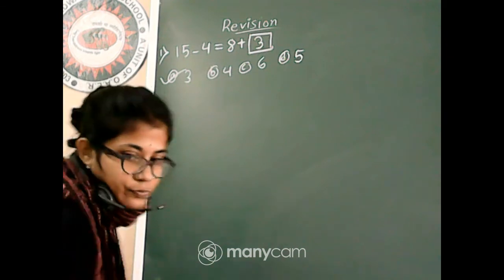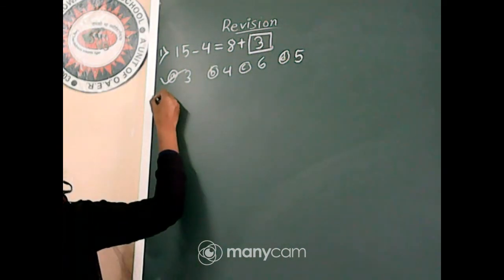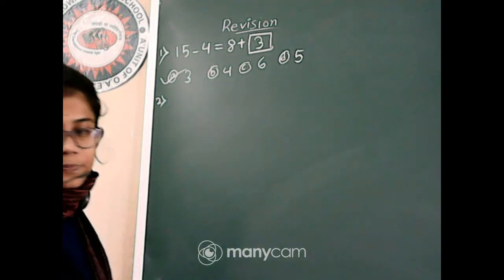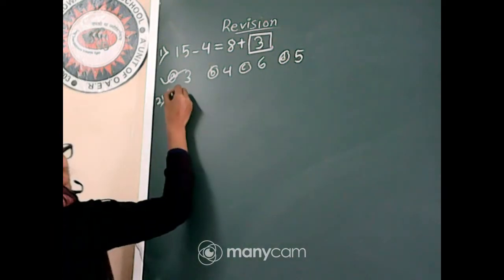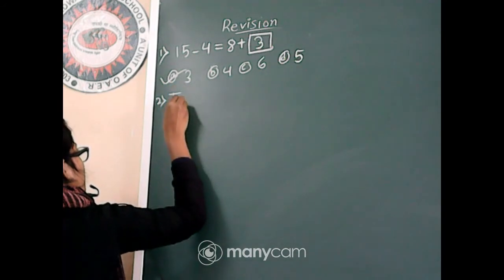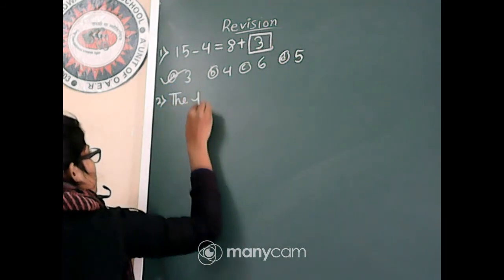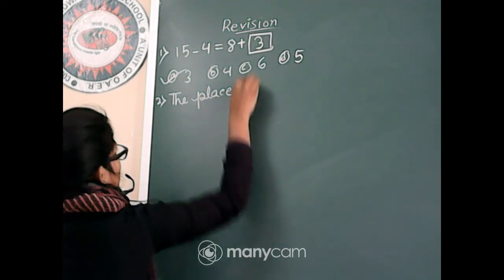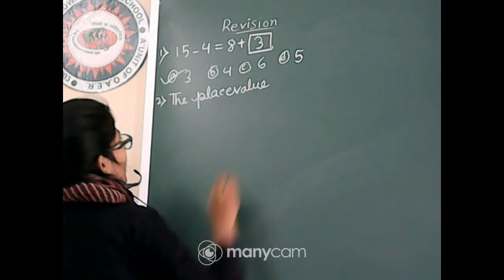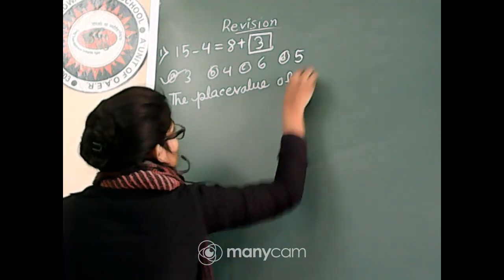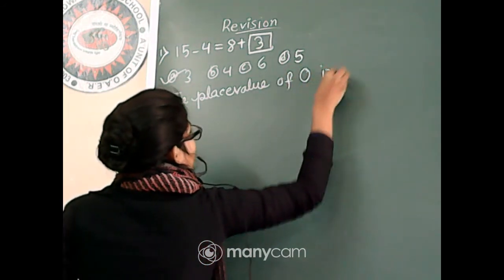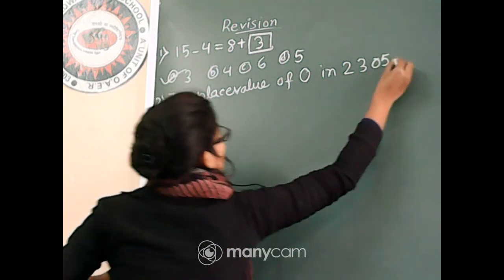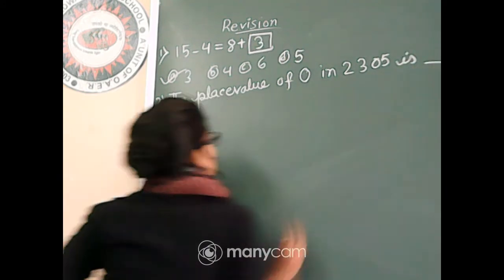Now number 2. The place value of 0 in 2305 is dash.